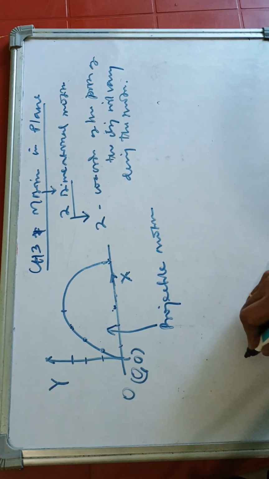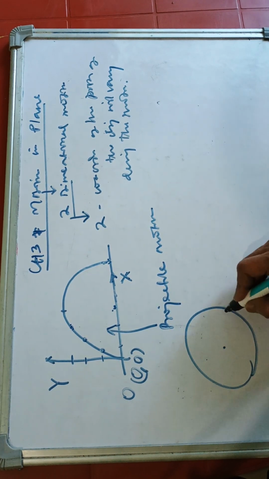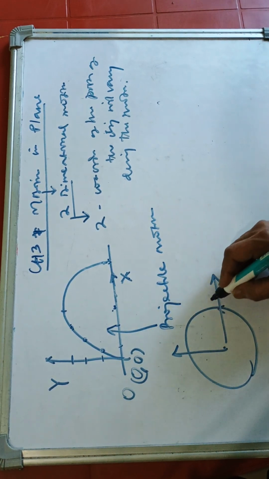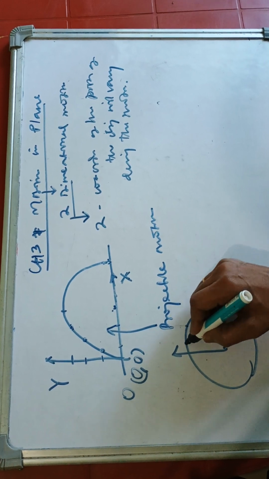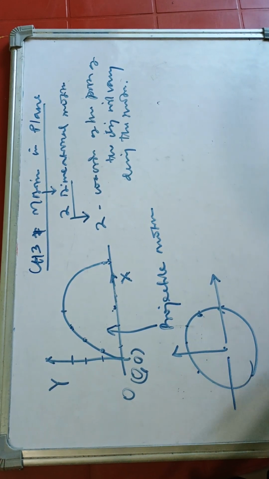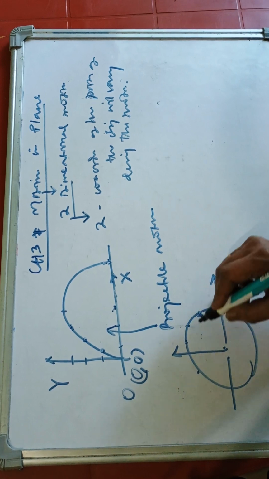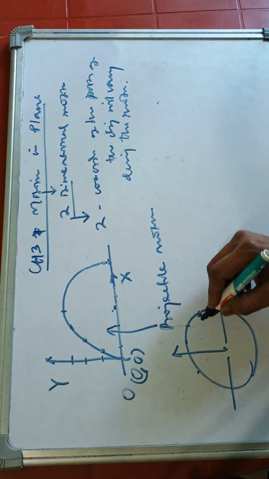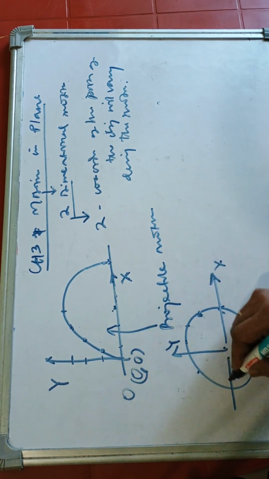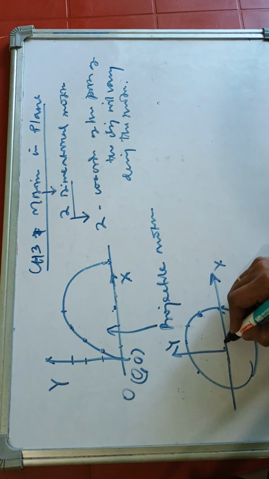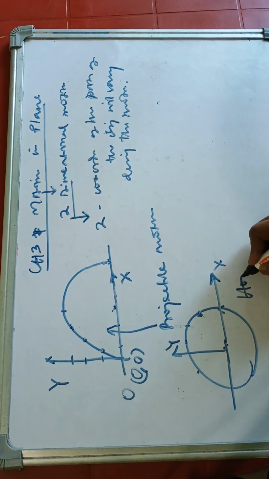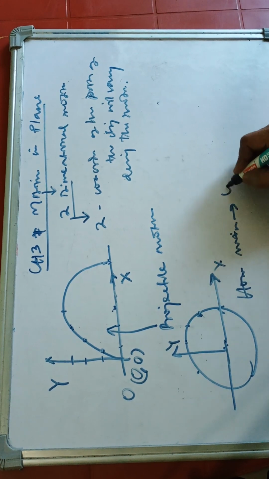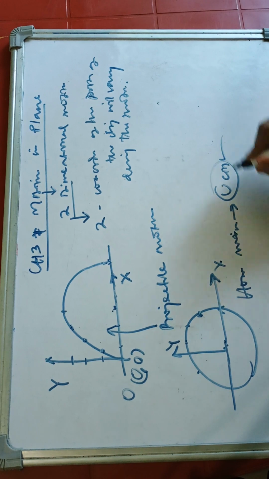Whereas if it moves in a horizontal plane and at each instant its motion will have change in both its x and y coordinates, this type of horizontal plane motion will be termed as uniform circular motion.